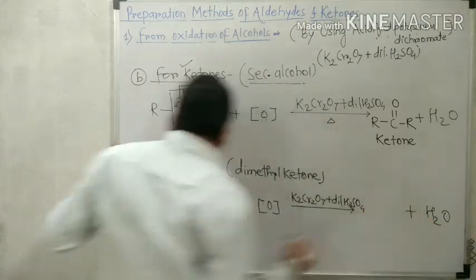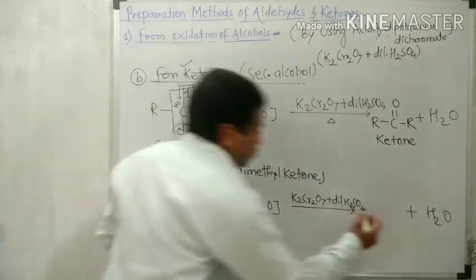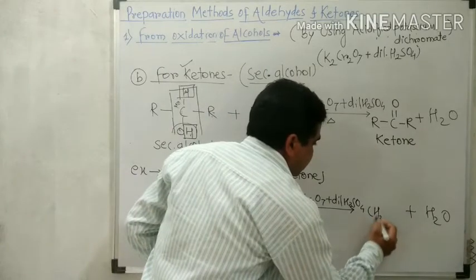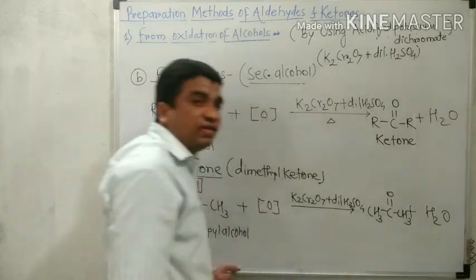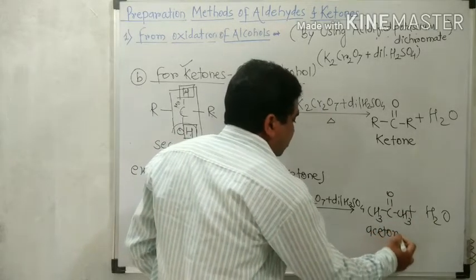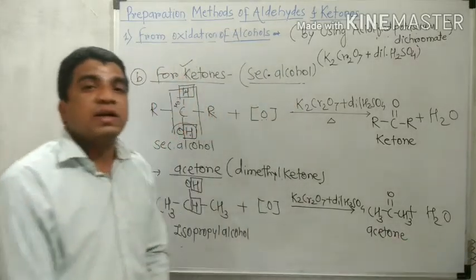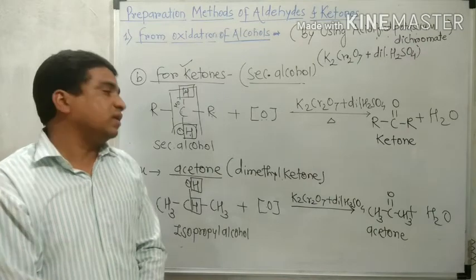What is remaining? CH3COCH3, that is CH3-C double bond O-CH3. This is the structure of acetone, also called dimethyl ketone, and in IUPAC called propanone.